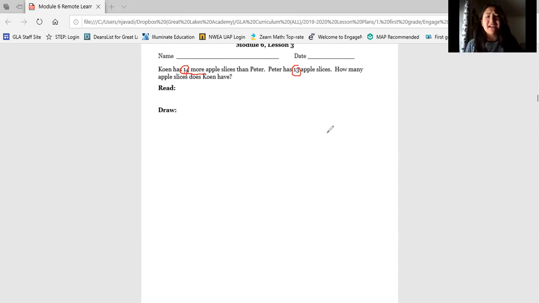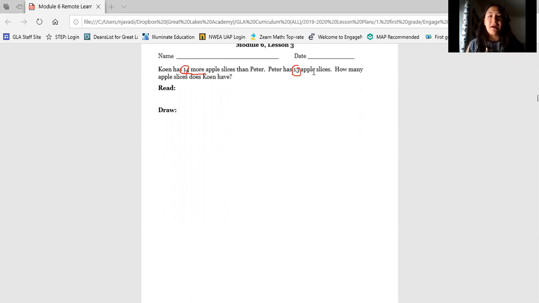What tool am I going to use to solve this problem? Shout it out now. That's right, I'm going to use a double tape diagram. To make a double tape diagram, first I need to start with the part that I know.